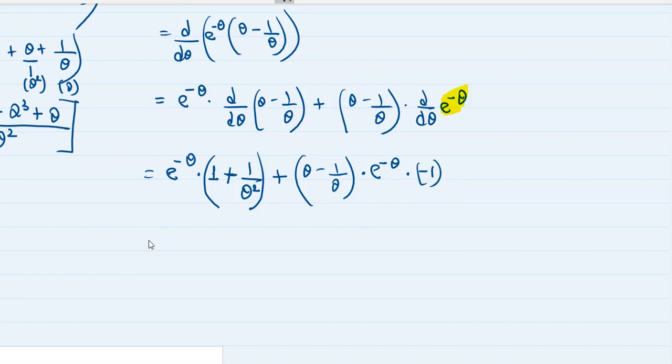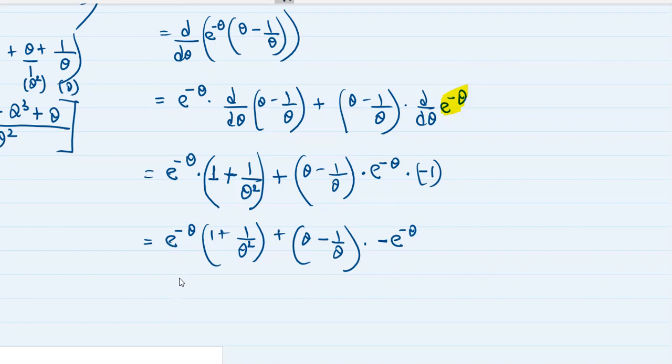So we get e raised to minus theta bracket 1 plus 1 upon theta square plus theta upon 1 plus theta, the whole multiplied by minus e raised to minus theta.